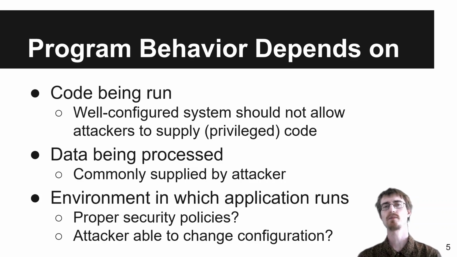Finally, the environment in which the program runs also matters for program behavior. For example, are there proper security policies in place? Are the file permissions assigned correctly? So these days, most operating system distributions use sensible security settings by default. But it can be very tempting, if a security setting is preventing you from doing something that you want to do, to take the shortcut and to change the settings.